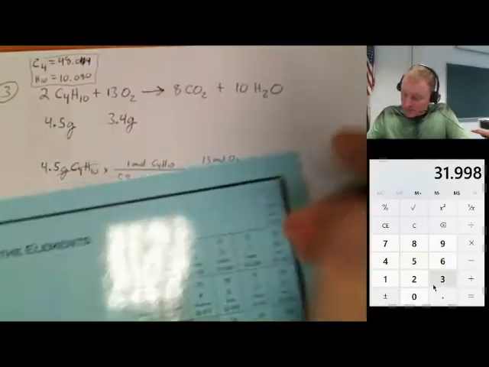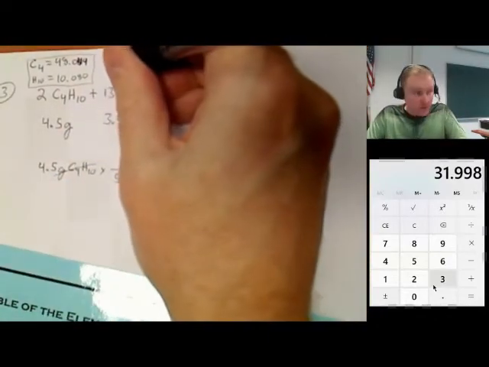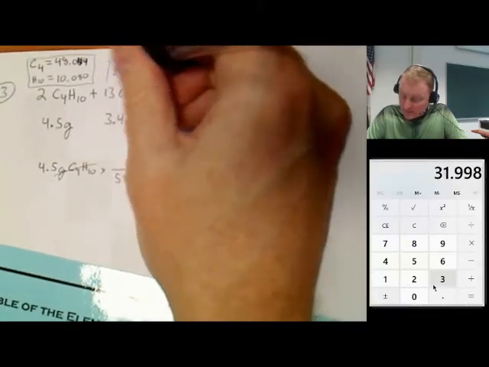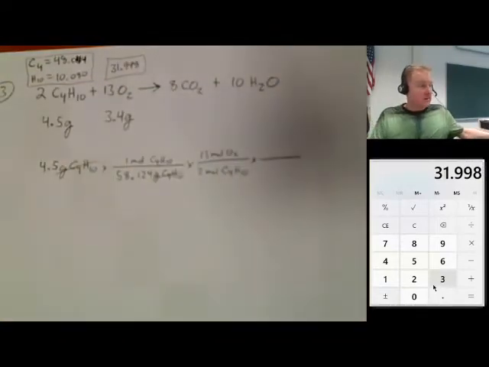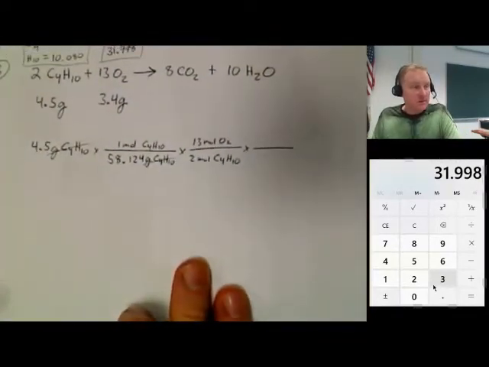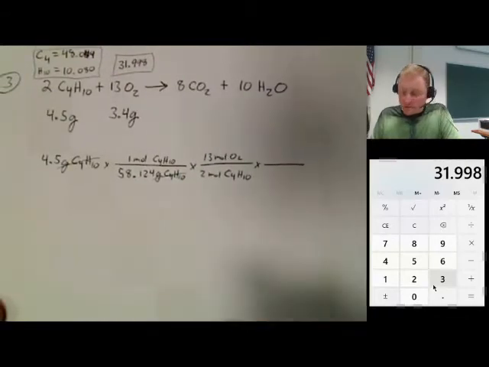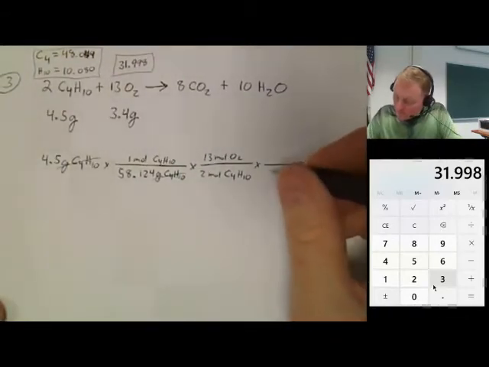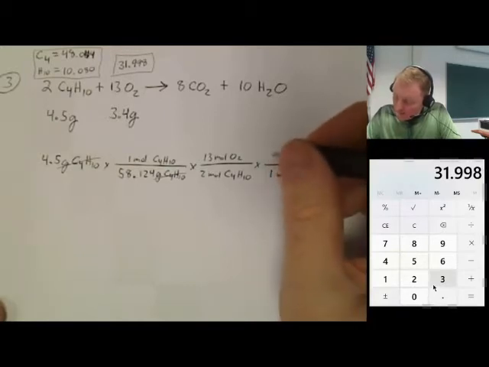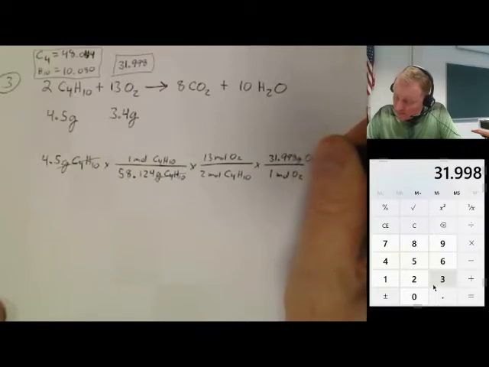So this is 31.998 will be the molar mass of O2. I'm going to put that up there just as a little reference because we'll be using this quite a bit in this problem. So for every 1 mole of O2, I have 31.998 grams of O2.